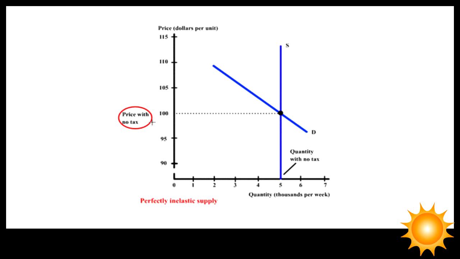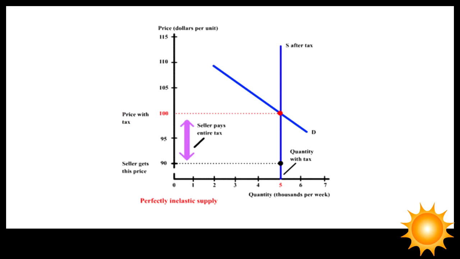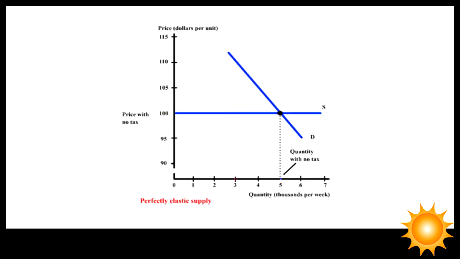Before tax price equal to $100. After tax price also equal to $100. Sellers end up paying the full share of the per unit sales tax.